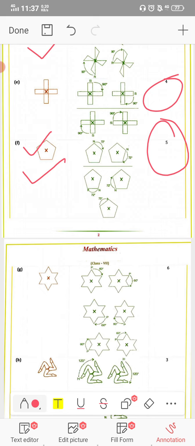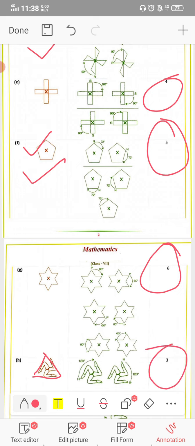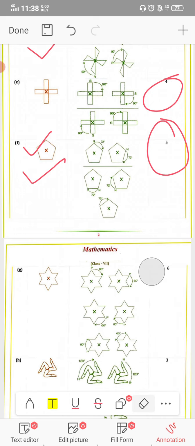And in the G part, we are having a star, and this star has 6 lines of symmetry. It is also having order 6 of rotational symmetry. And in the H part, it looks like an equilateral triangle, so it rotates through approximately 120 degrees, and that's why it has order of symmetry 3.